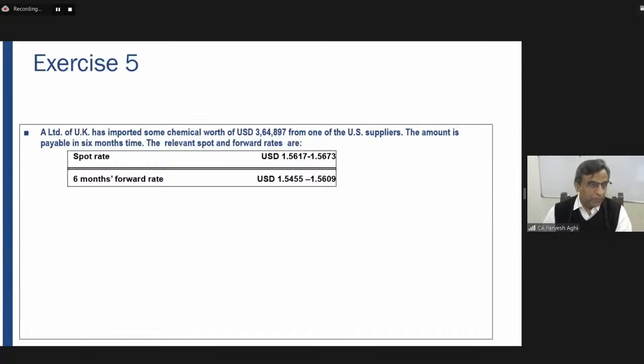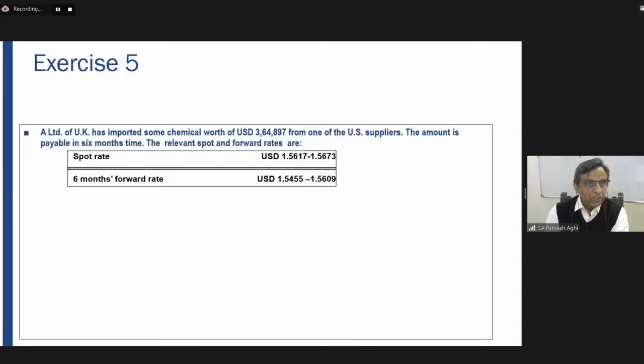So in the question, there's a company called A Limited, which is in UK, and has imported some chemicals from USA, worth $3,64,897 US dollars. Okay, the amount is payable in how many days? 6 months' time. The relevant spot and forward rates are given to you.